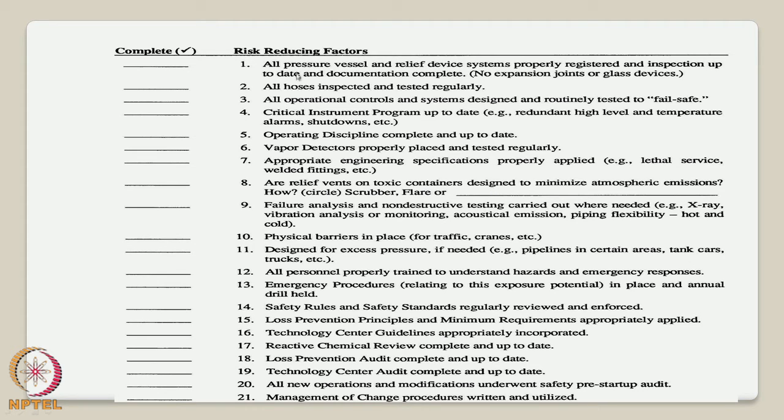So, look at all these risk reducing factors and keep on preparing a checklist whether they have been done or not done, maybe yes or no only, maybe a tick mark or a cross mark. So, based upon this mitigation checklist, which is given along with the chemical exposure index sheet, one will get an idea about the risk envisaged because of the accidental release of the chemical from the plant onto the environment.